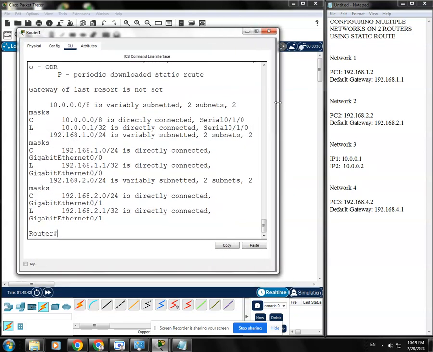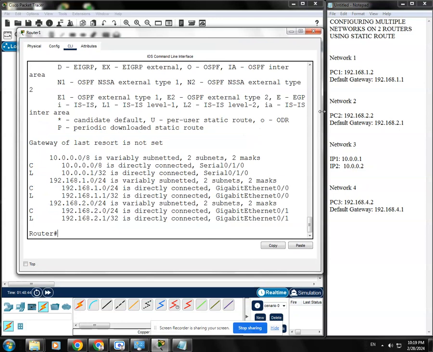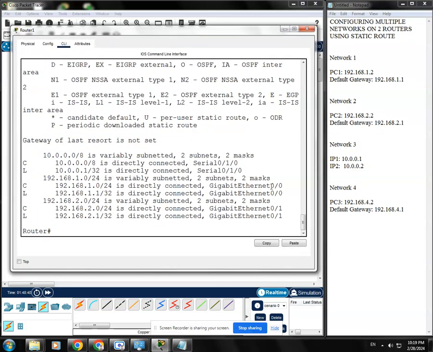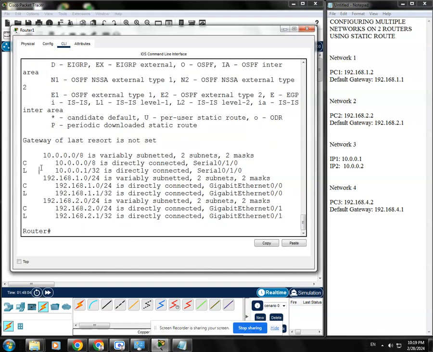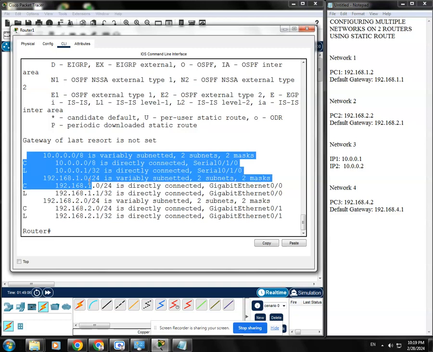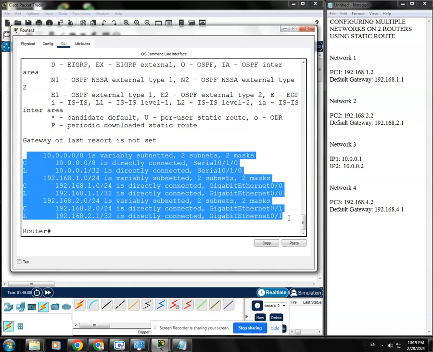The IP route is like tracert on a computer: you'll be able to see what networks the router can reach and communicate with. Then scroll down, because we need to focus on this information and data.